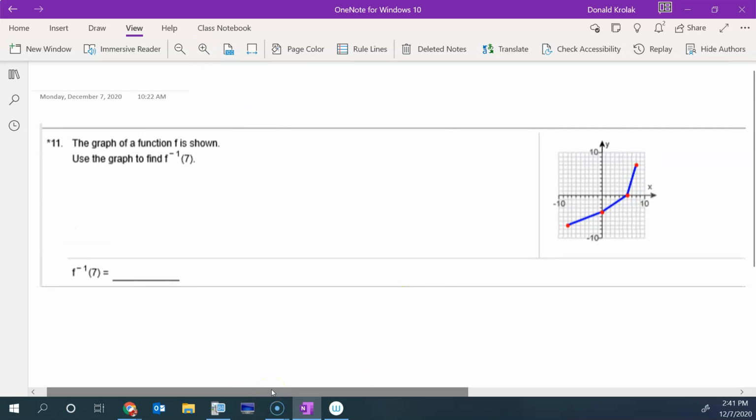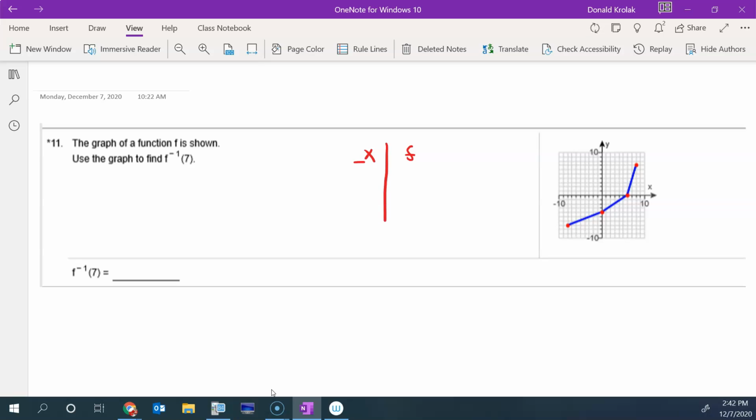All right, the graph of f is shown. Use the graph to find the inverse of 7. All right, so if we look at this graph here, this is normal f. So we got x, f of x.